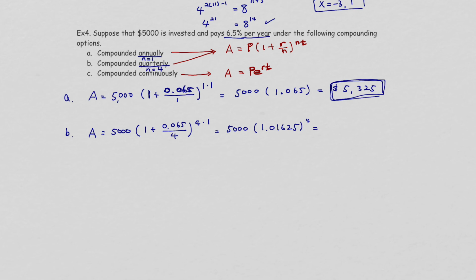When you put those values into the calculator, you get 5,333.01. So when you're compounding quarterly, it will give you a little more than when you compound yearly, right? That's the comparison between yearly versus quarterly. So you're compounding 4 times a year instead of 1, right?